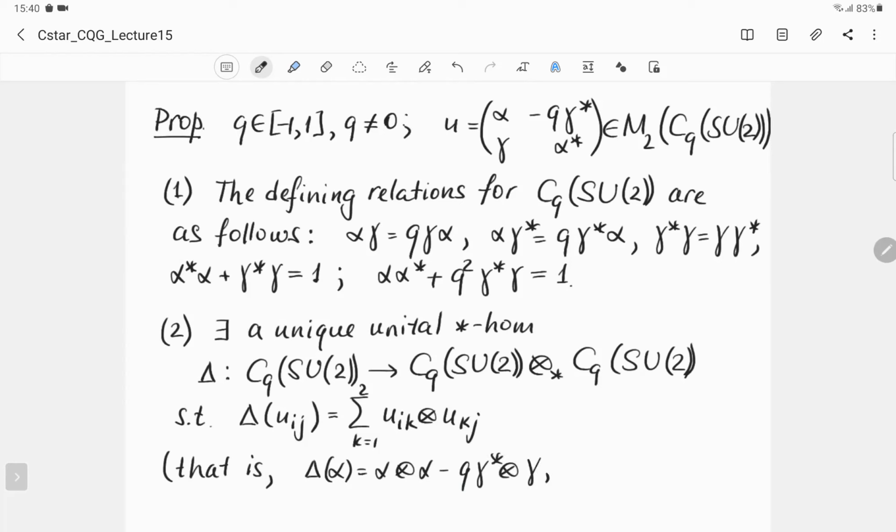And delta of gamma is gamma tensor alpha plus alpha star tensor gamma. So it's enough to consider only alpha and gamma, because since delta is a star homomorphism, we automatically get the respective formulas for delta of alpha star and delta of gamma star.